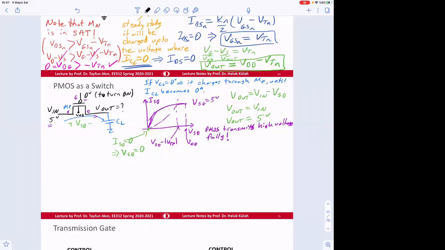If we do the same thing, this time again 0 volt, and input V in is equal to 0 volt. What is V out? Okay, here is again VDD.